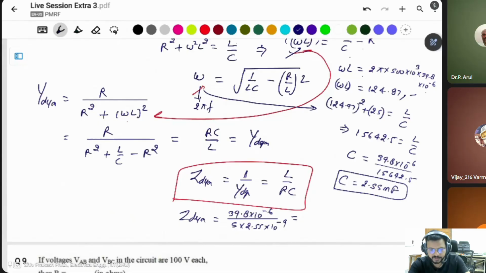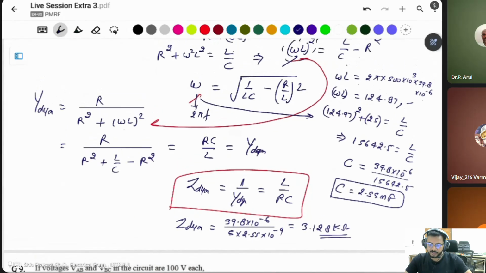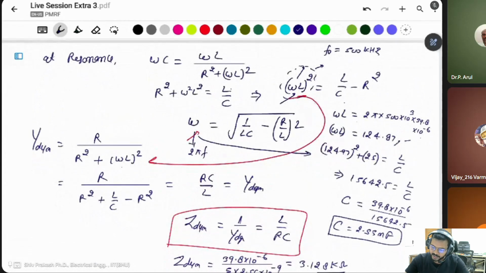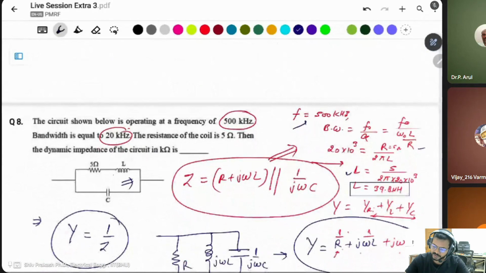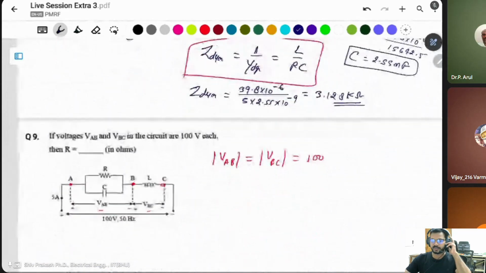This value is 3.128 kilo ohm. Okay. After that you have to find the value of inductance. Inductance value you can find using the bandwidth, and using the frequency you can get the value of the capacitor.